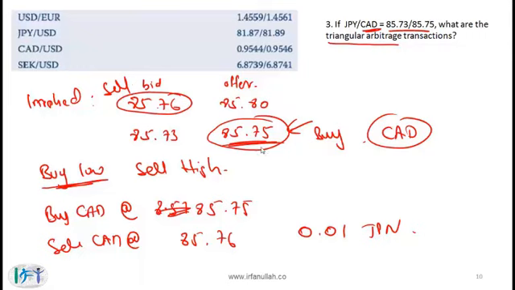And to make an arbitrage profit, you buy low, sell high. In this example, you as the third party that's trying to make an arbitrage profit, buy over here and sell at this price and make an arbitrage profit of 0.01 Japanese yen per Canadian dollar.